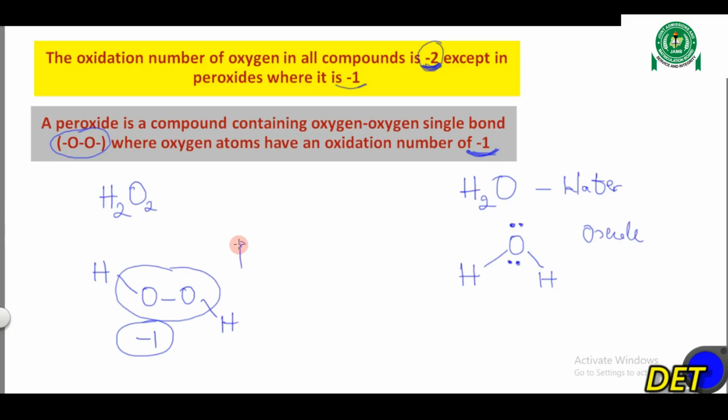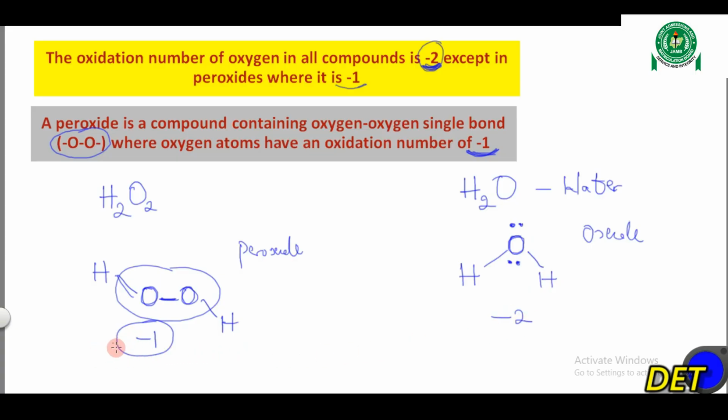This is a peroxide. So what's the difference between the oxide and the peroxide? In peroxide, we have oxygen to oxygen single bond. So you can see this oxygen to oxygen single bond, right? While in oxide, we just have one oxygen atom bonded to the other elements. So this is an oxide. And the oxidation number of oxygen here is -2.